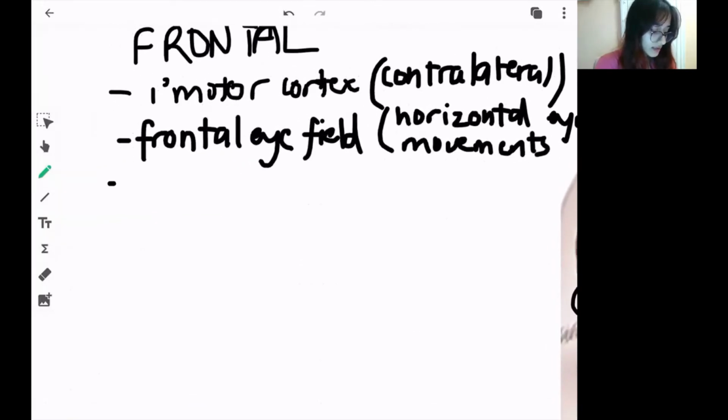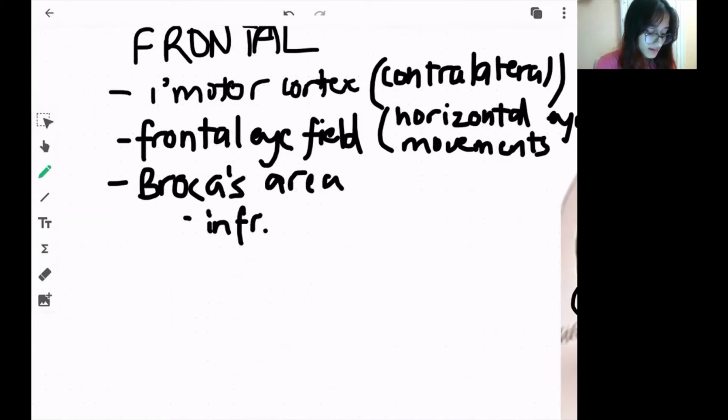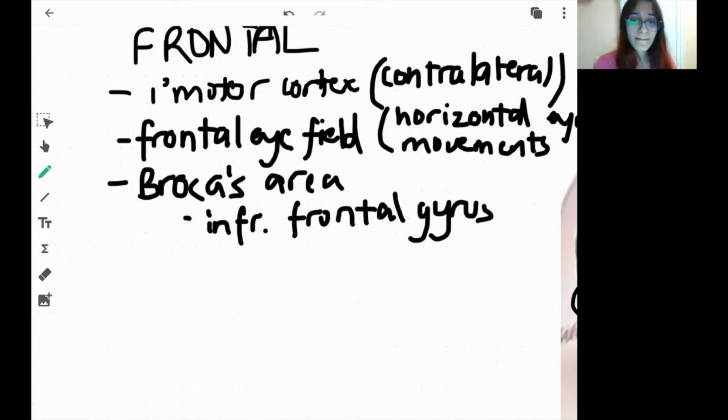So again, the important one is Broca's area. It is in the inferior frontal gyrus, and it is again responsible for the motor speech.